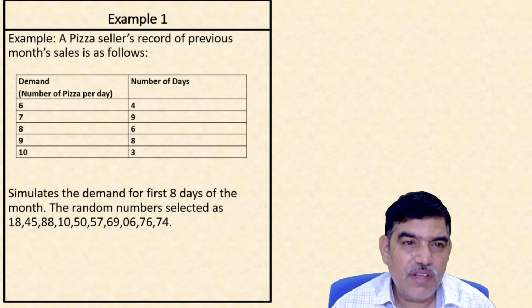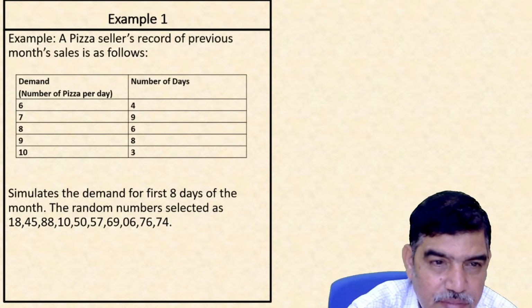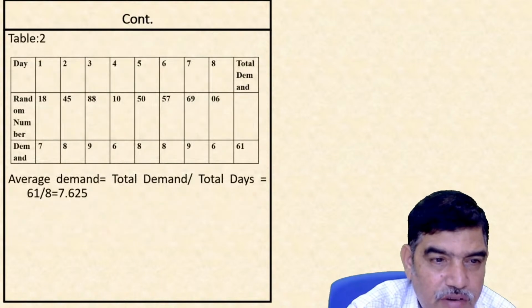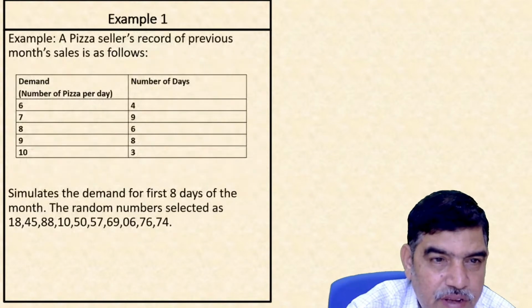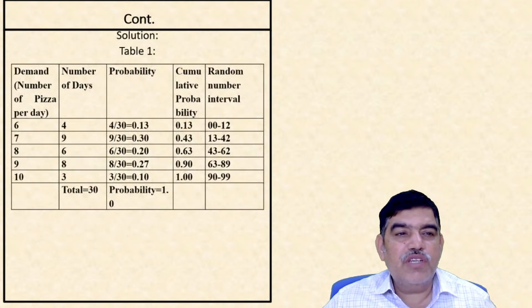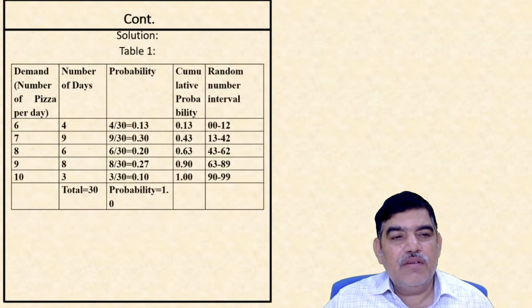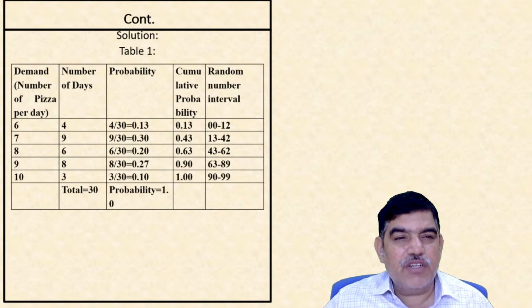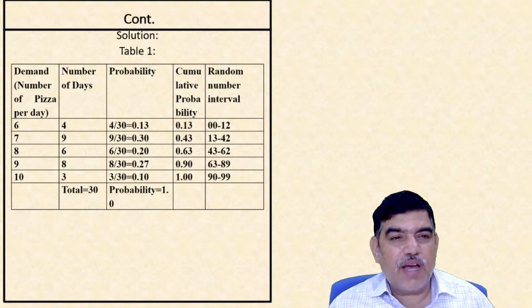Now we have to calculate the average demand in the solution. In the question, the demand, that is number of pizzas per day, and number of days are mentioned. From that table, we can calculate the probability.